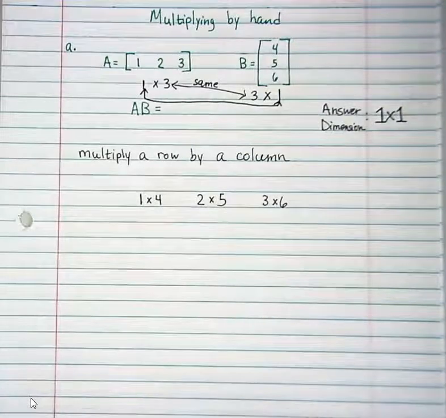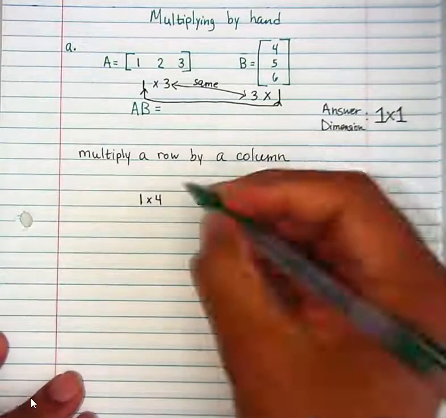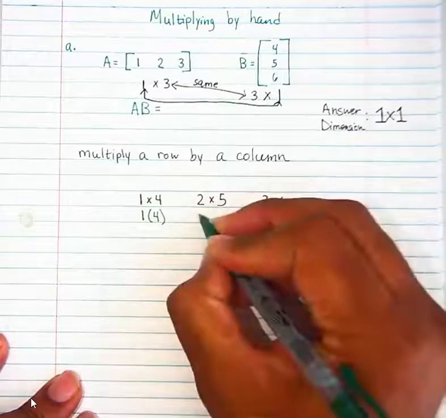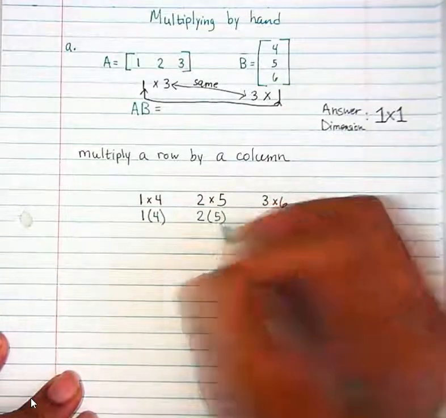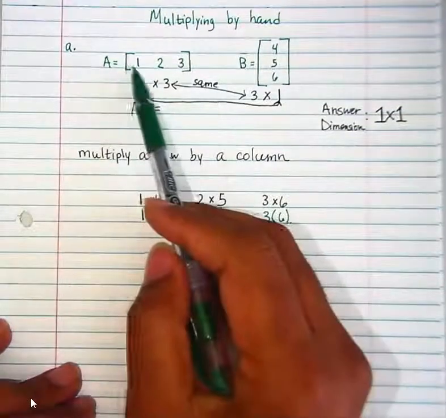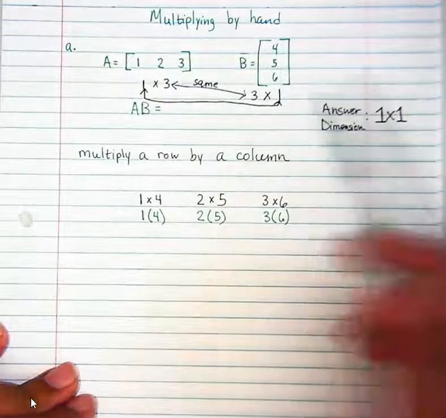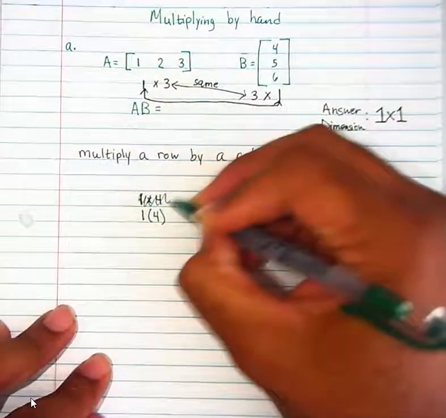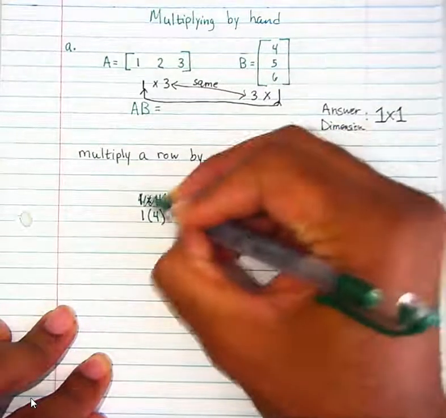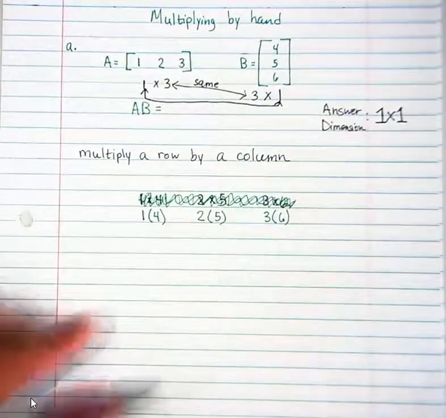I just thought about that when I was writing it. That might look like the same thing. So let me write it like this: 1 times 4, 2 times 5, 3 times 6. We're going to take that row and multiply by the column. I'm going to mark this out here, so that we don't confuse that with our dimensions.